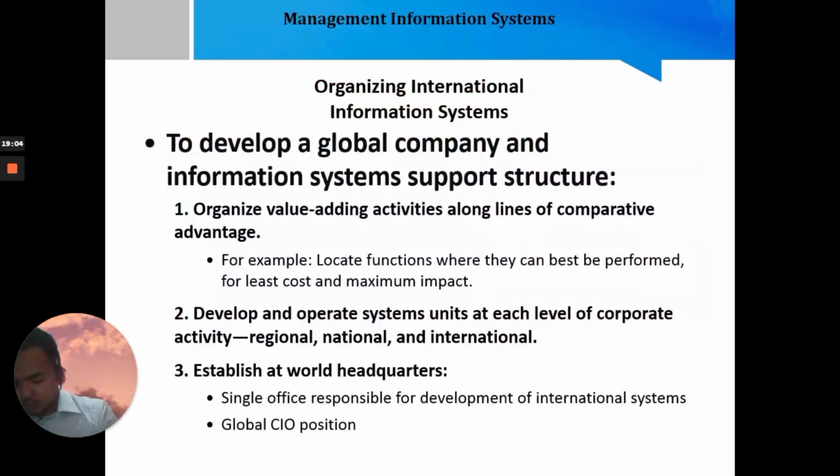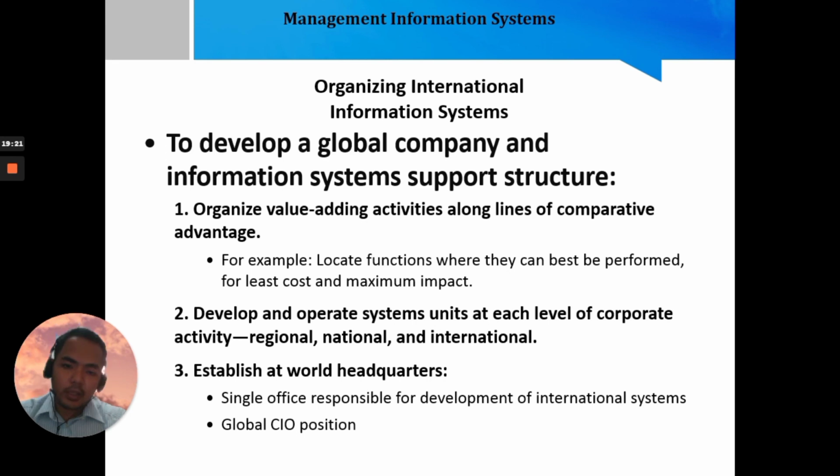All right, so to develop a global company and information system support, they should organize value-adding activities along lines of comparative advantage. For example, locate functions where they can best be performed at least cost and maximum impact.